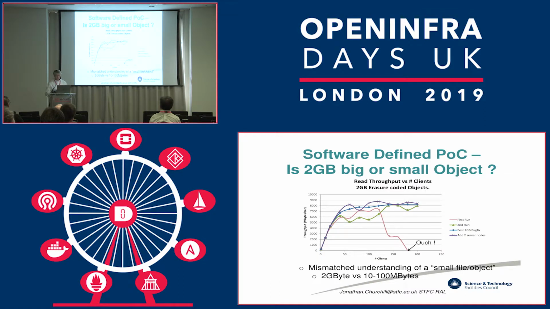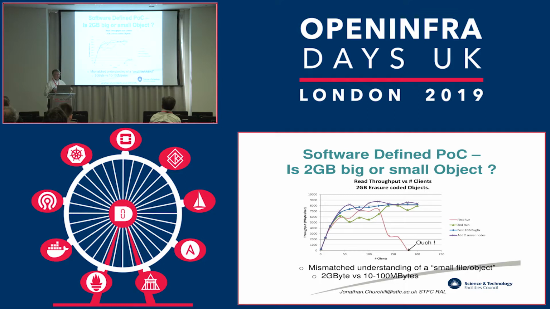But that doesn't always work. There were certain vendors where it didn't work quite so well. And interestingly, that tells you about the 2 gigabyte objects. This particular vendor had always assumed and always been presented with object file systems with objects of the order of tens to hundreds of megabytes in size.